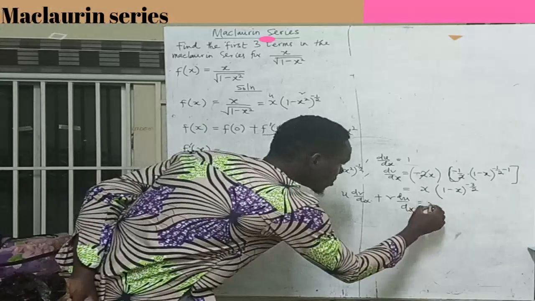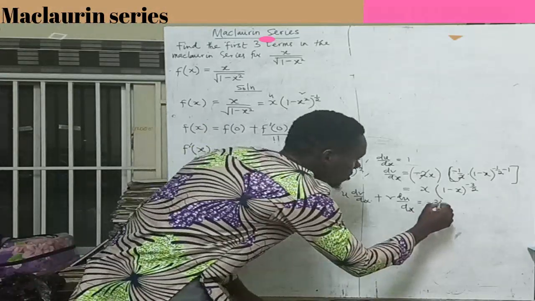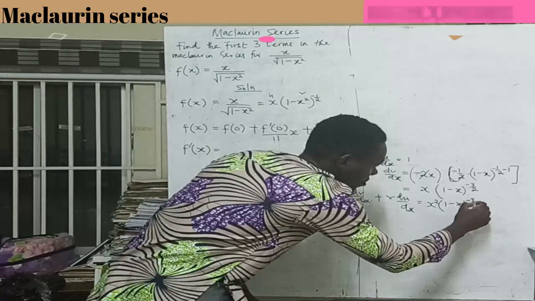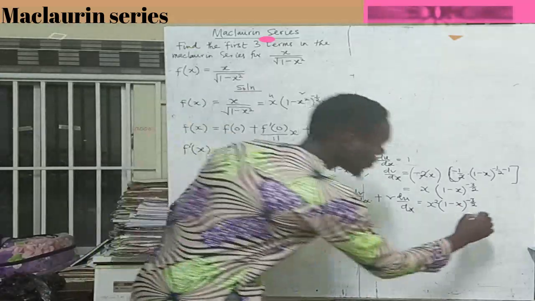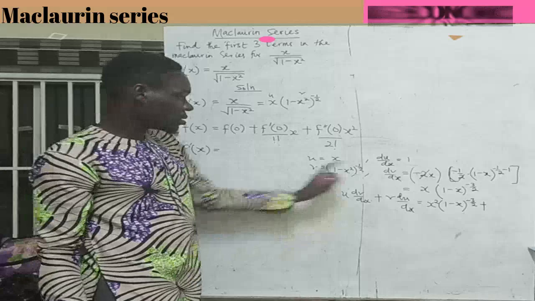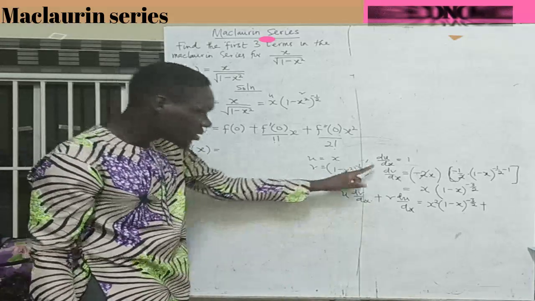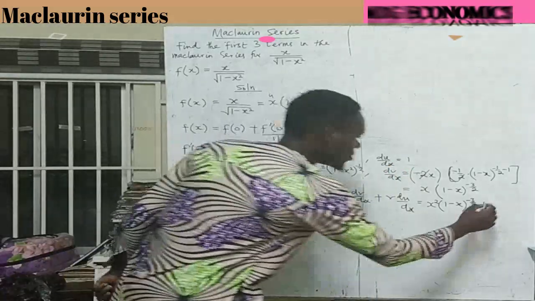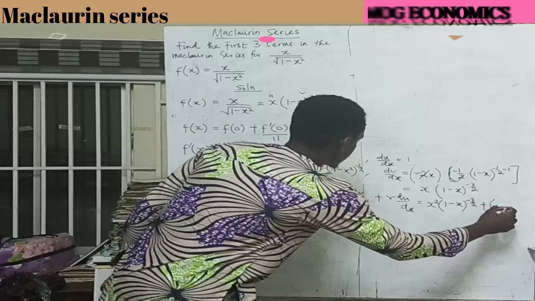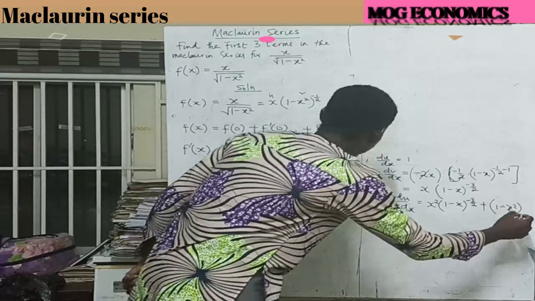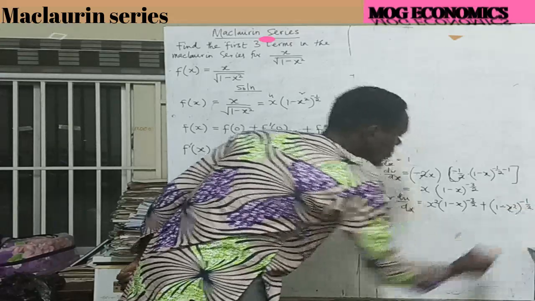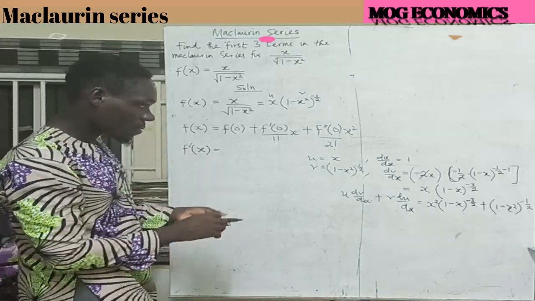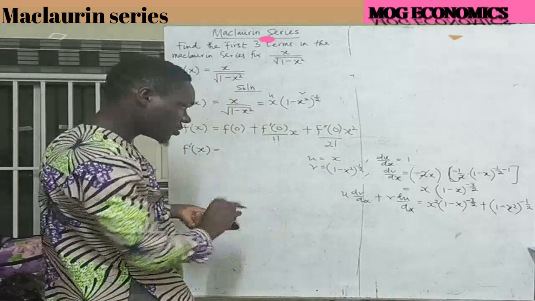So that will be x squared, 1 minus x squared raised to the power of minus 3 over 2, and plus the product of v and du dx. So this is 1 in this case. So 1 multiplied by this, the result will be 1 minus x squared raised to the power of minus 1 over 2. So that is our first order differentiation.